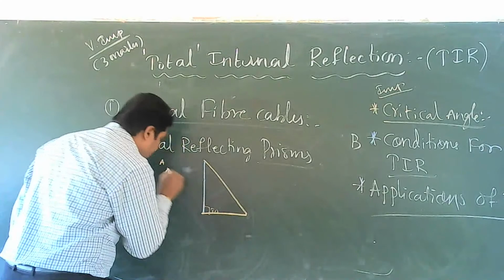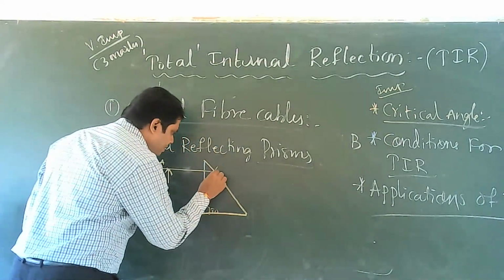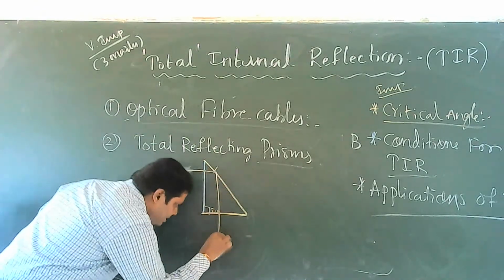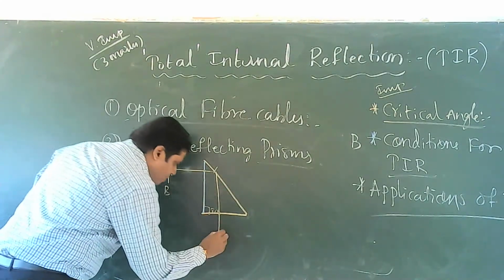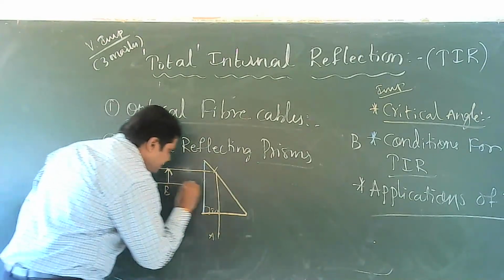This is a 90 degree prism, and a ray of light is incident. It will move like this. This is point A.